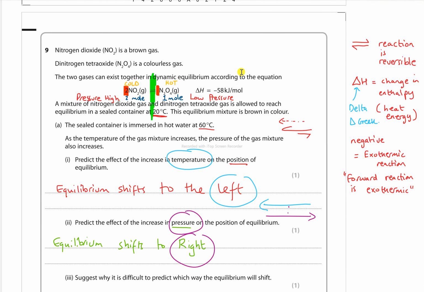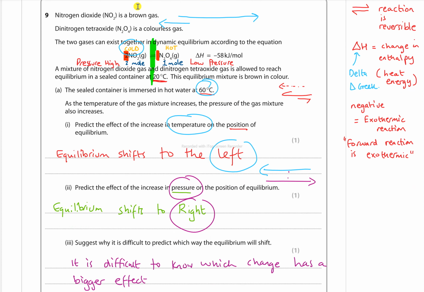We expect it to shift with temperature to the cold side, because we've increased the temperature. But the effect of pressure pushes it that way, so the effect of pressure is greater.